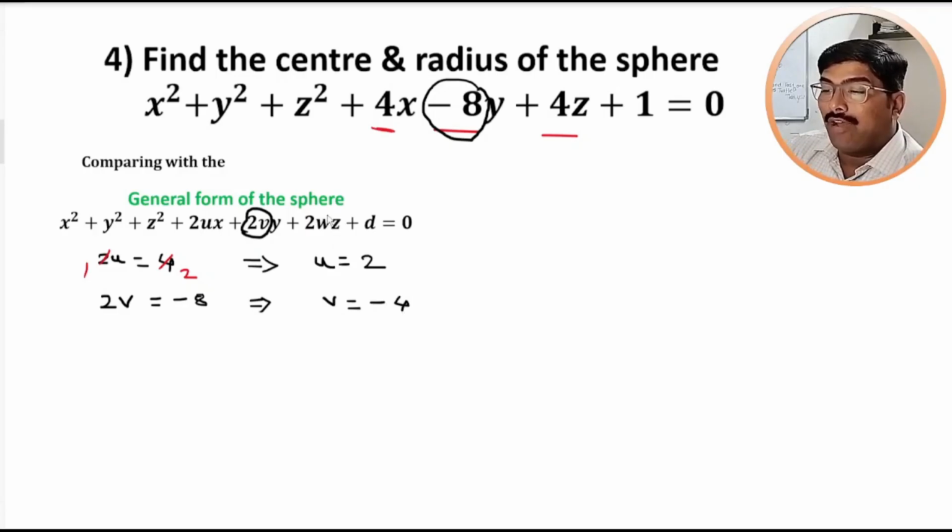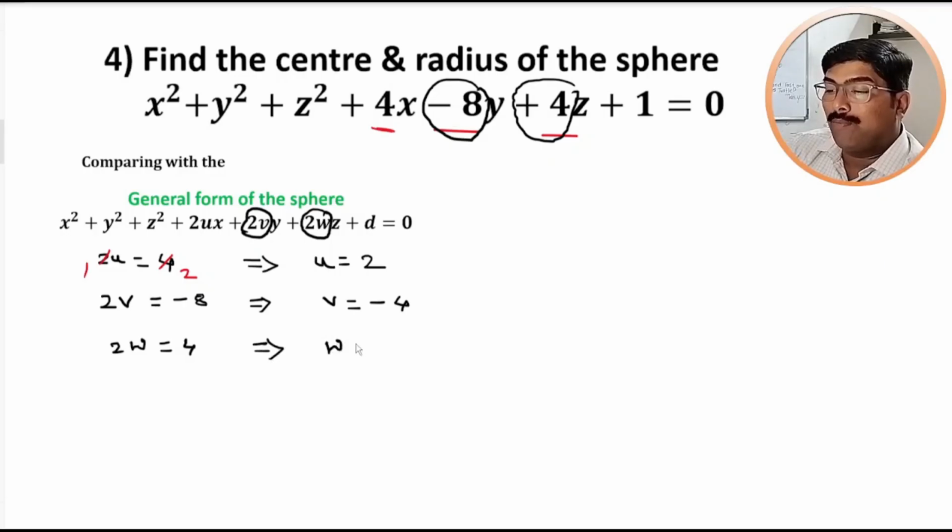Similarly, in the formula the coefficient of z is 2w. So I will write here 2w, and that is equal to, in the equation the coefficient of z is plus 4. So I will write here that is equal to 4. That implies again you will get the value for w is equal to plus 2.